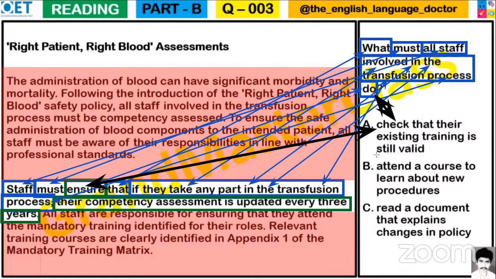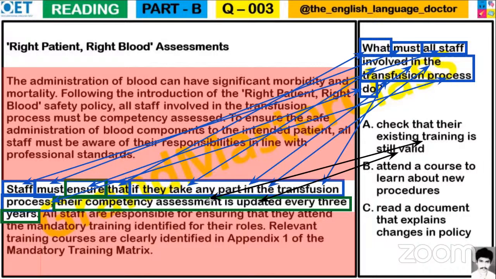Now let us see here. Again, it's very important. See how the style is changed. Updated: if you update, it will be valid. Otherwise, the validity will be lost. Training and assessment.